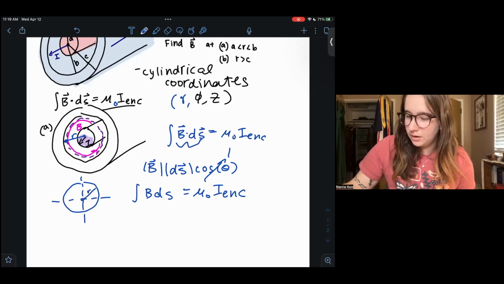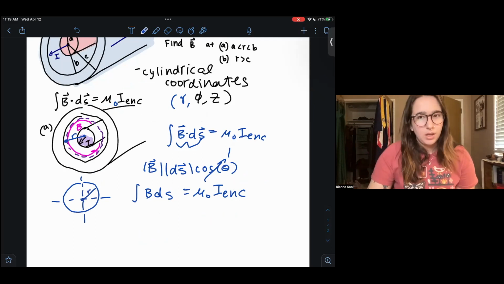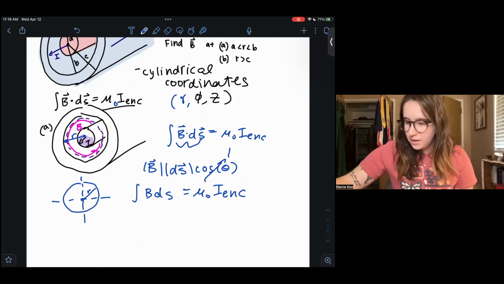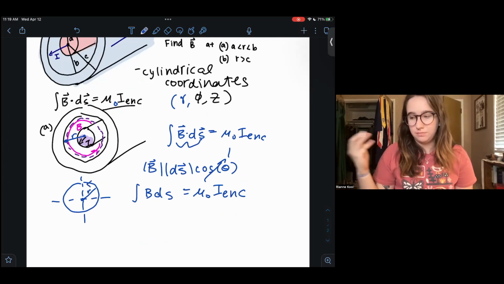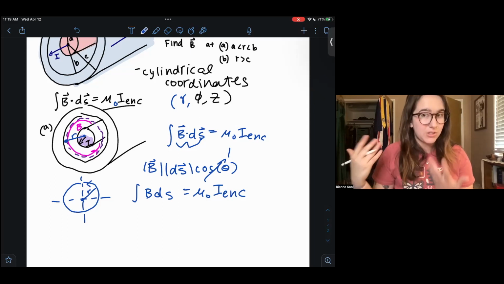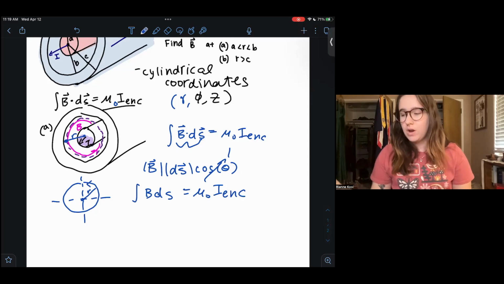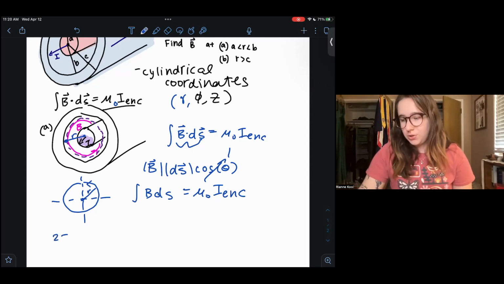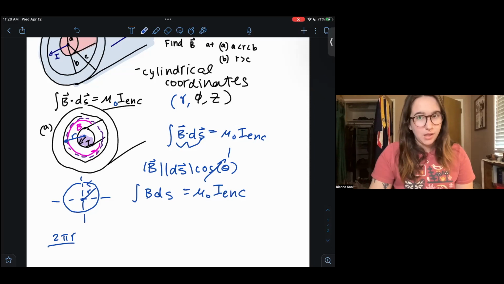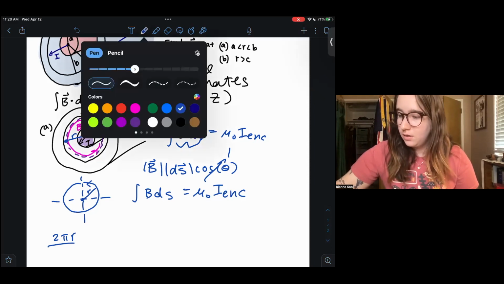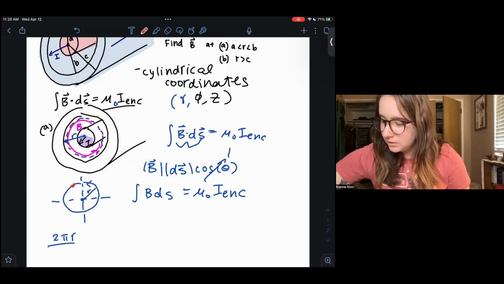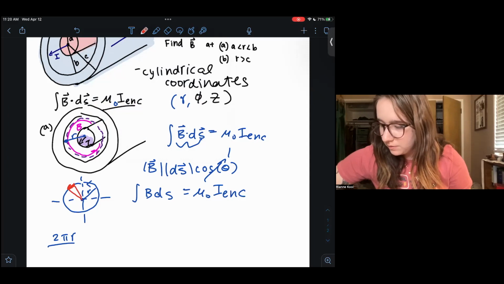Where this is r. And we want to find ds, which is basically just the circumference of the circle. We already know what the circumference of a circle is. It's 2 pi r. But if you want to redefine, I'm going to do it again. We want to find this little ds right here.